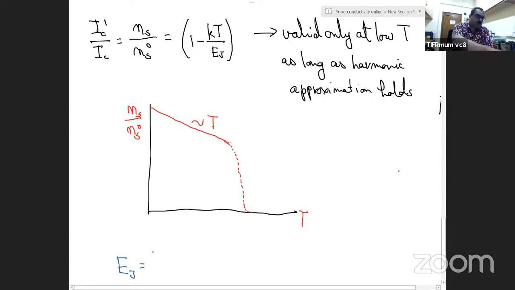What is the expression? ħ Ic by 2e. Now that is, if I put the expression for Ic, then I will get twice ħ² Ns0.